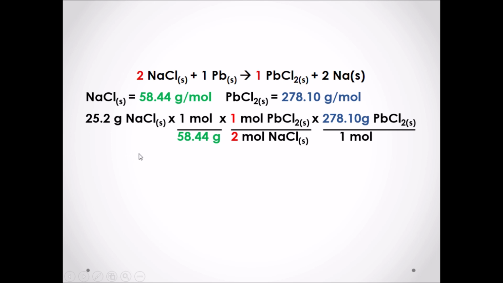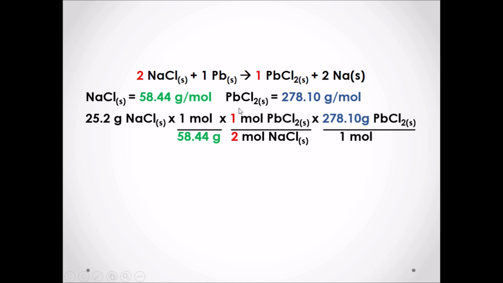We have to then first start with the mass of the reactant, sodium chloride. We will take the 25.2 grams of sodium chloride and divide it by the molar mass of sodium chloride. This will put our value into moles of sodium chloride. We can then use the molar ratio of 1/2 to calculate the moles of PbCl2.